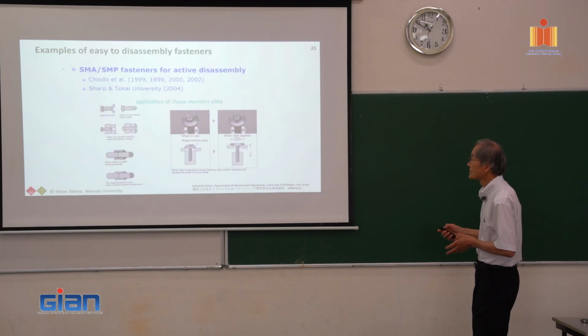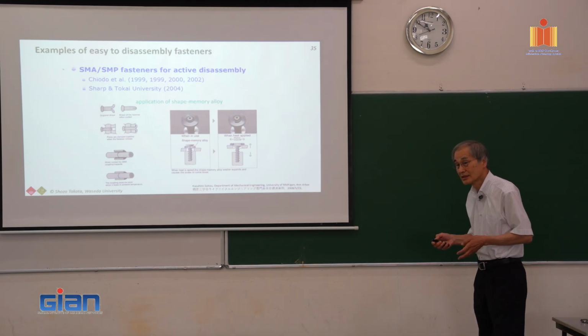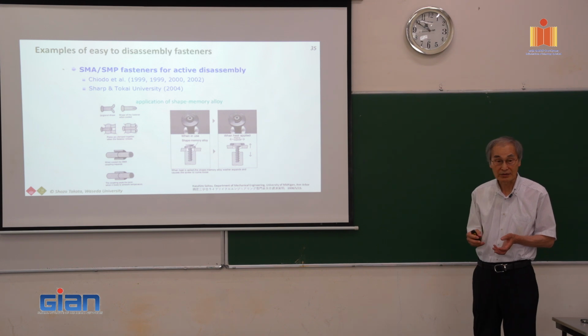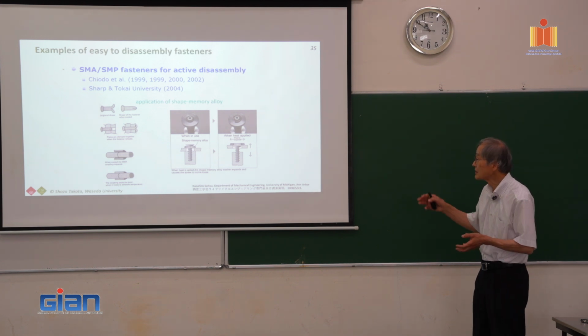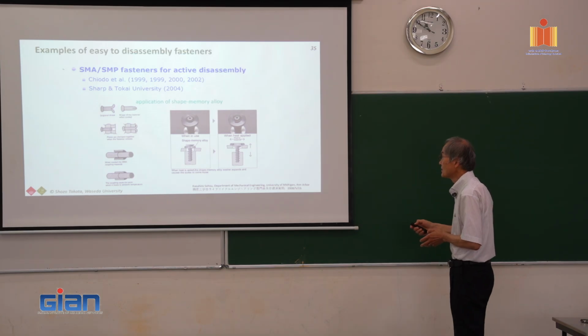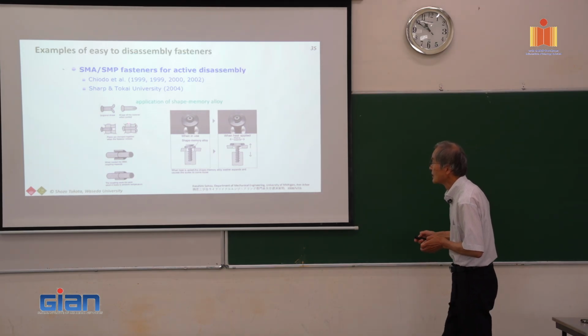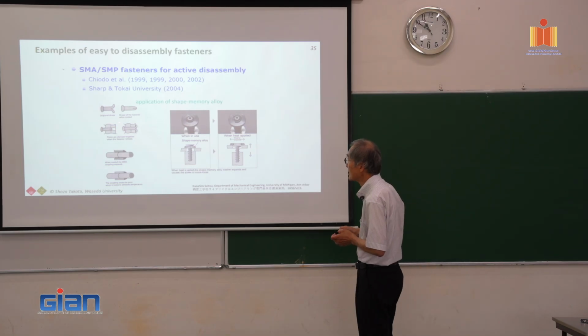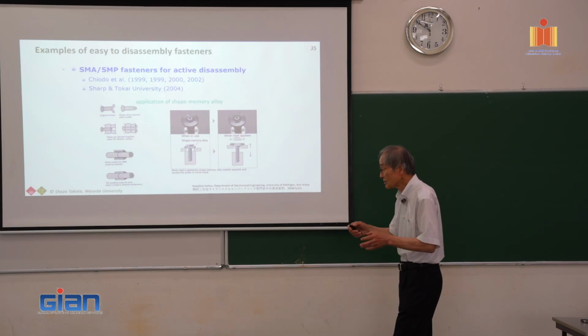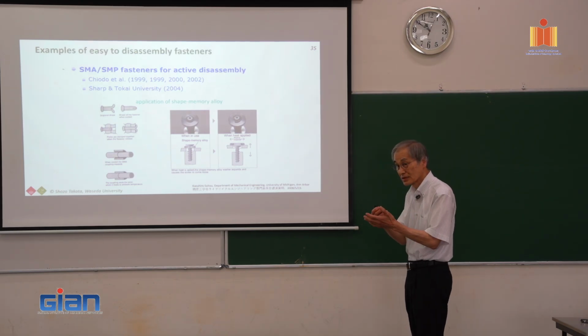And this is also using shape memory alloy. Do you know shape memory alloy? If, for example, this is a rivet, and you open the tail to fix it.